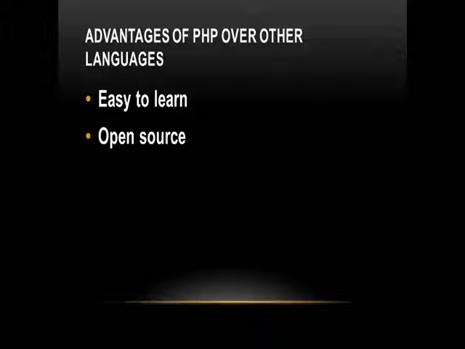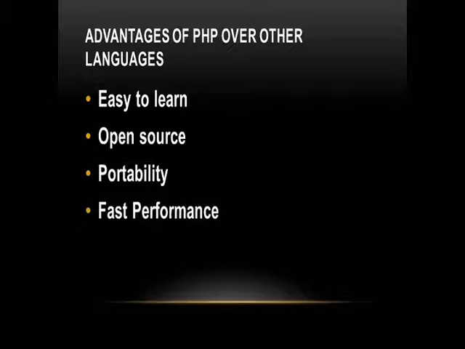Open source: the language is developed and maintained by a worldwide community of developers who make its source code freely available to download. So there's no cost associated with PHP, and it is preferred by commercial projects, including feature updates. Portability. PHP runs on various platforms such as Microsoft Windows, Linux, Mac OS, and is compatible with almost all servers used today, such as Apache or IIS.